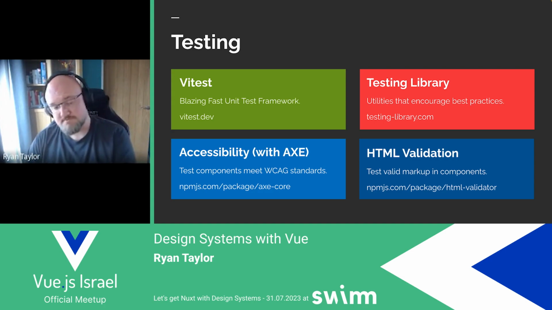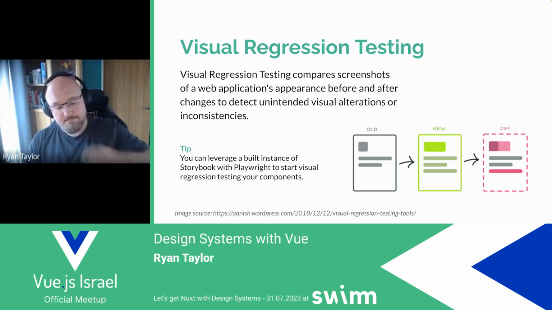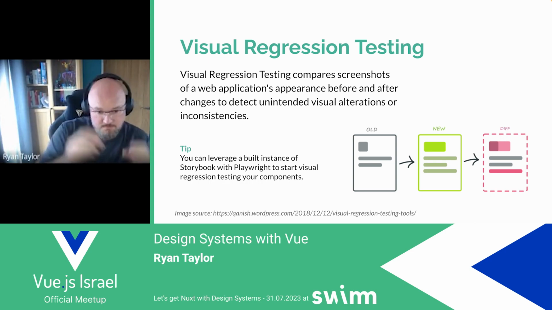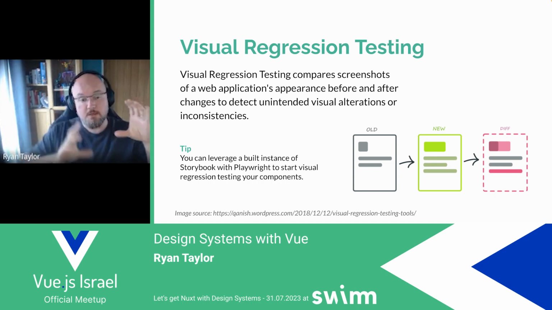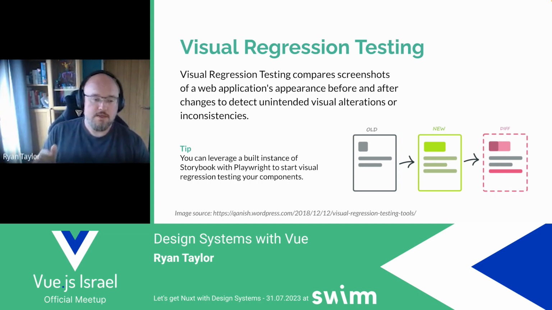And then a big extension of this is visual regression testing. Now I'm a big fan of visual regression testing. This is taking a snapshot in the browser of a component or a number of components together, and using that snapshot to test regressions.